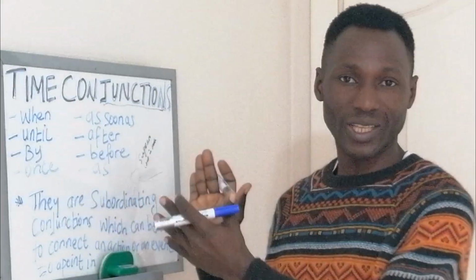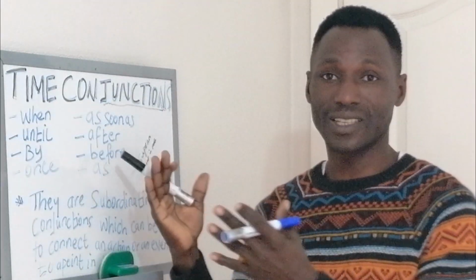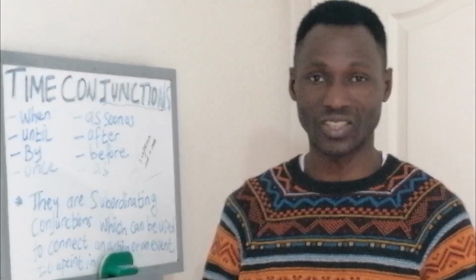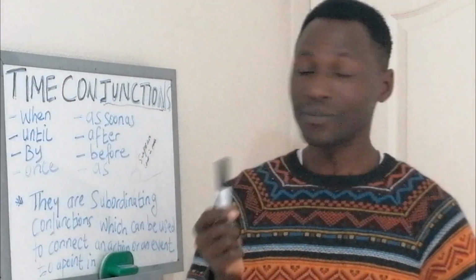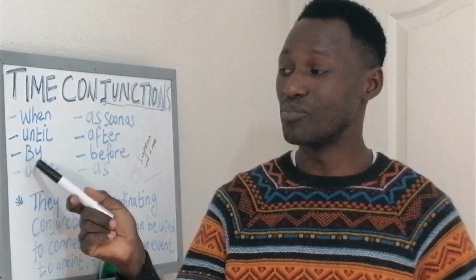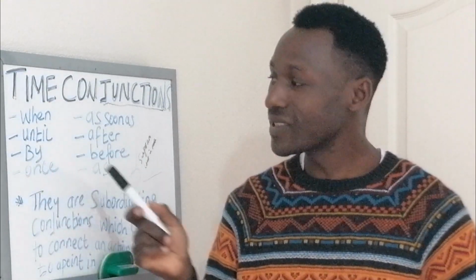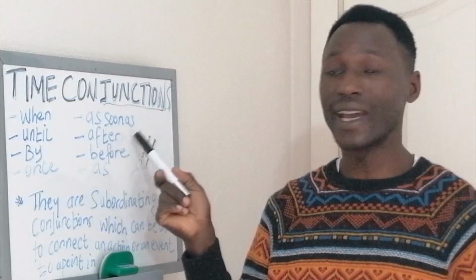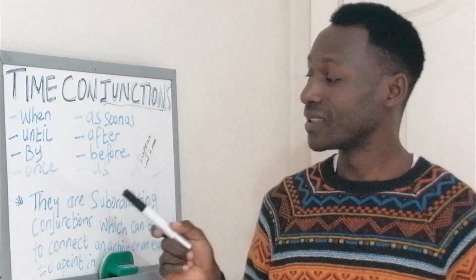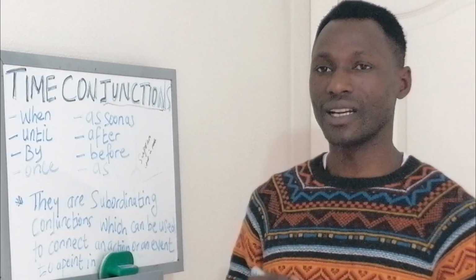On my whiteboard, I have listed some examples of time conjunctions. Number one: when, until, by, once, as soon as, after, before, as.